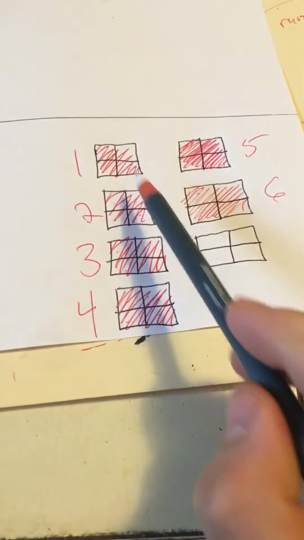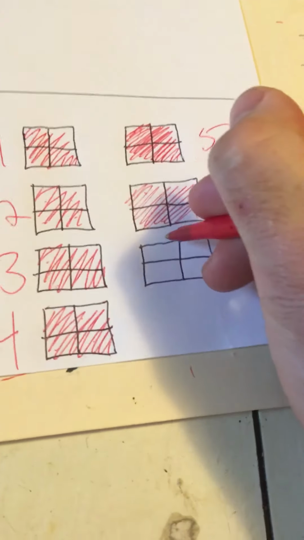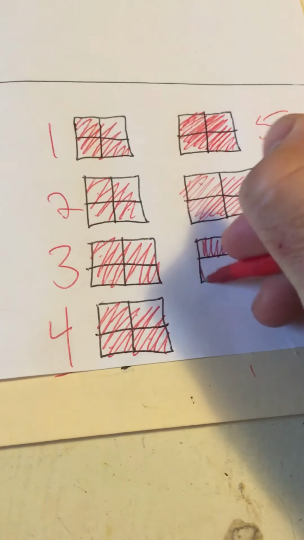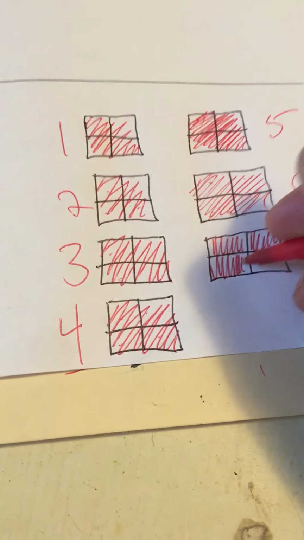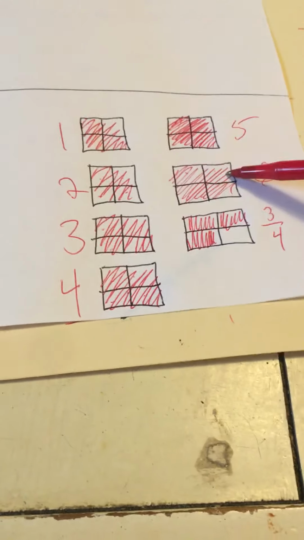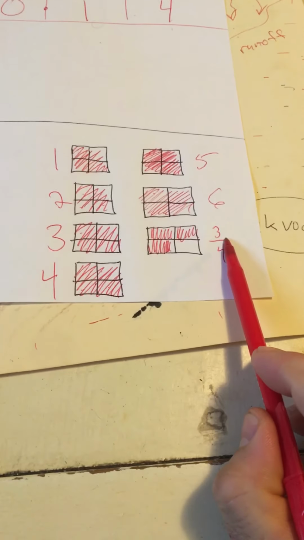And we're at 4, 8, 12, 16, 20, 24. So we need to do 25, 26, 27. We're not going to color in that last one. So this part is 3/4. So we have 1, 2, 3, 4, 5, 6 wholes, and then 3/4 of the next one.